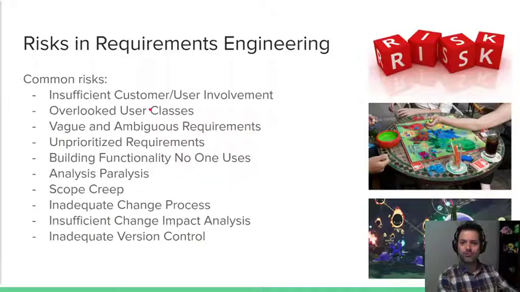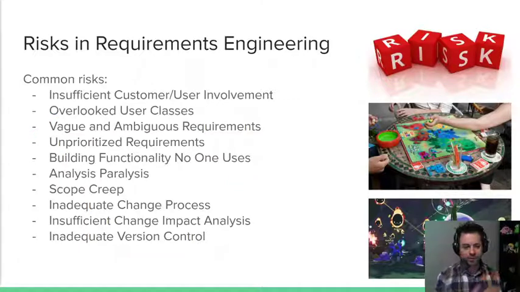I am a keyboard player for most of my games, including Rocket League. But it seemed like they only playtested it with the controller. So the user class of the keyboard jockey was overlooked, and they pushed out a bug fix within minutes. But I was one of the people that was impacted, and I wasn't yelling on Reddit about it, but it does happen. So make sure you check everybody that'll be using your project.